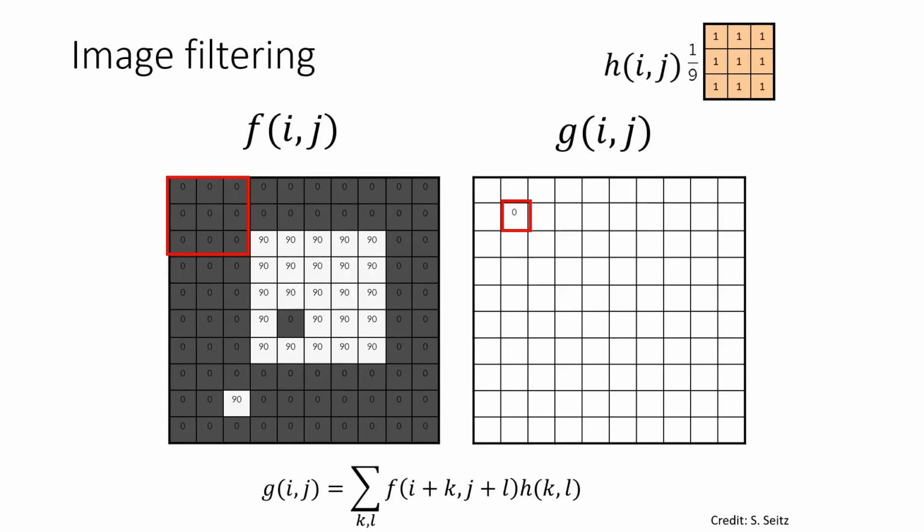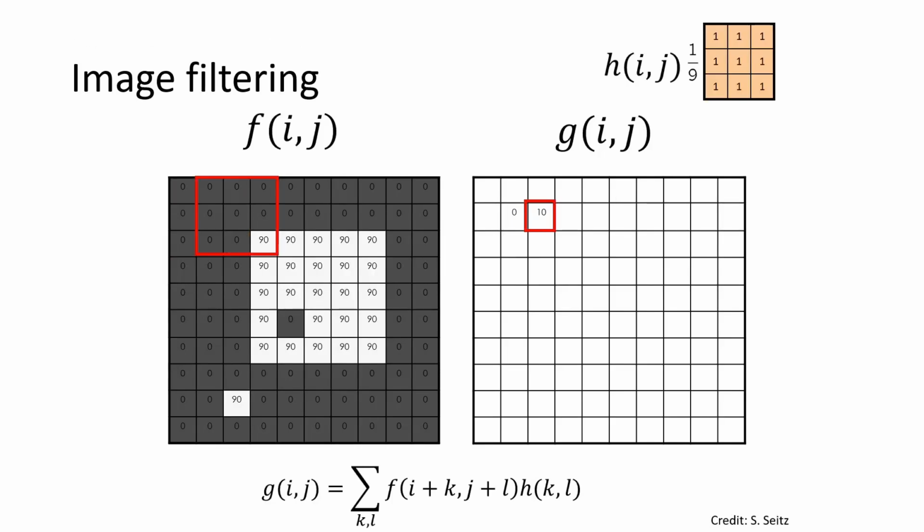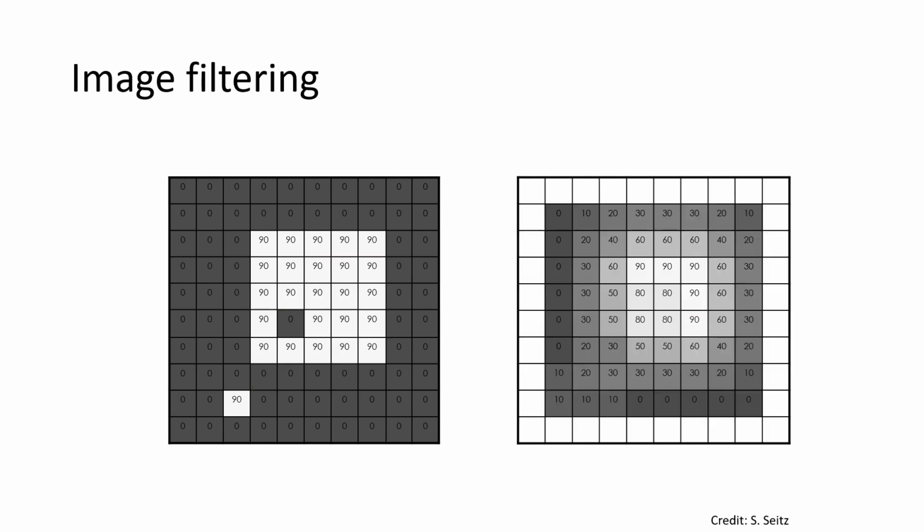So this is 0. Here we got the first value. It is 90 divided by 9, so it's 10. And here we got the summation 180 divided by 9, so it's 20. And then 30. Then go through every pixel on the image. Then we got this. Okay, so this is the input, the convolution operation, and the output.